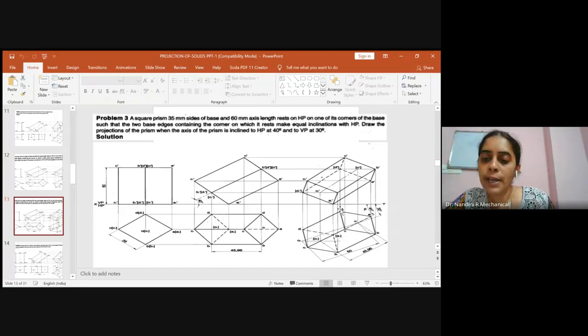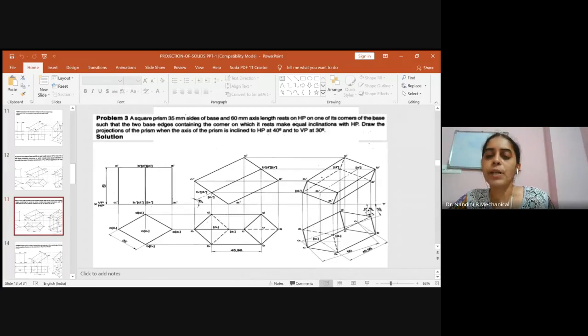After you draw the perpendicular line, you will measure from O to D what is the distance and cut an arc on this perpendicular line. Similarly, O to B you will measure and cut an arc on the perpendicular line you have drawn. So you got now the other two corners of the top surface. These two corners were fixed already. So immediately you join the top surface of the square prism.